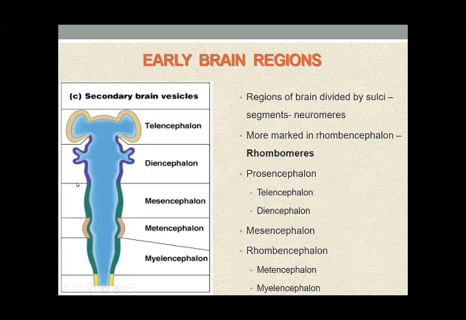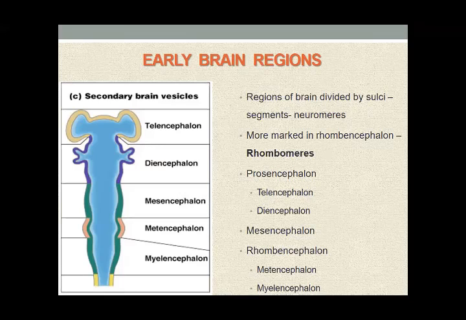These sulci divide this entire neural tube into small pieces. These small pieces are called neuromeres. Now these are well marked in the rhombencephalon, that is this part. Cranially, in the mesencephalon and prosencephalon, these neuromeres are not well developed.